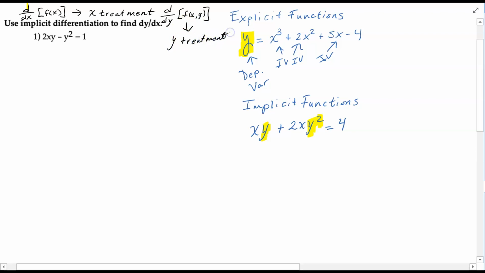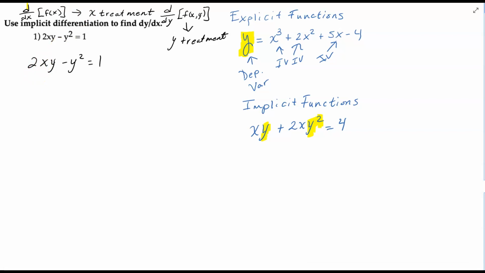So we're going to take a look at this first problem. I'm going to rewrite it: 2xy minus y squared equals 1. I'm going to apply the x treatment first. What that means is I'm going to take the derivative considering x as the variable, and if there's a y, we're going to treat it as a constant.